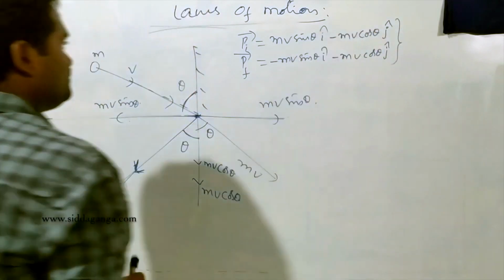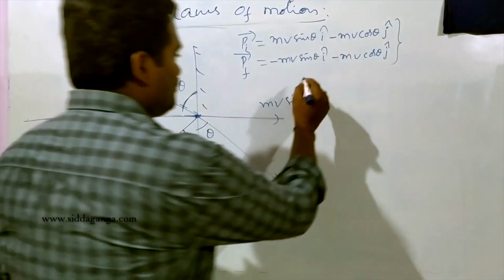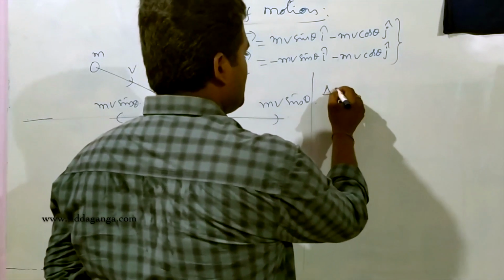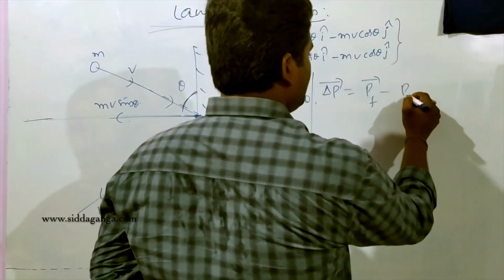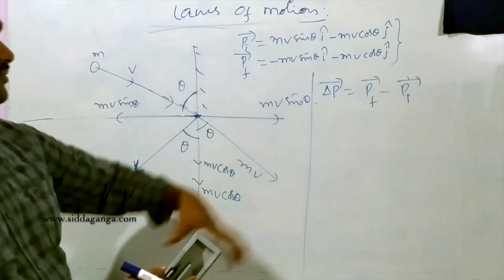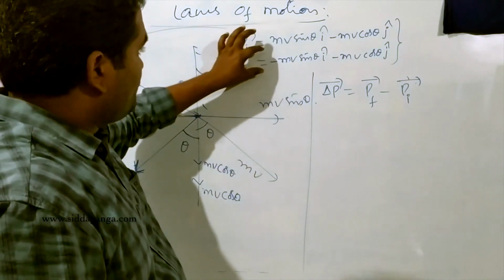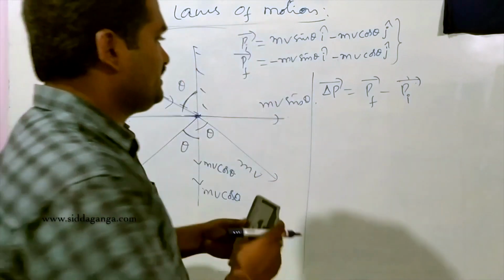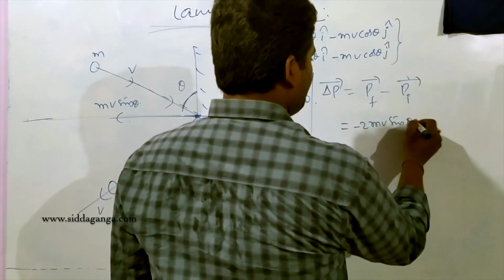So we got these two values now, initial momentum and final momentum. So how to find out the change in momentum in this condition now? The formula for change in momentum is delta p equals final momentum minus initial momentum. So just subtract one from the other. Final minus mv sin theta minus mv sin theta, you will get minus 2 mv sin theta into i cap.